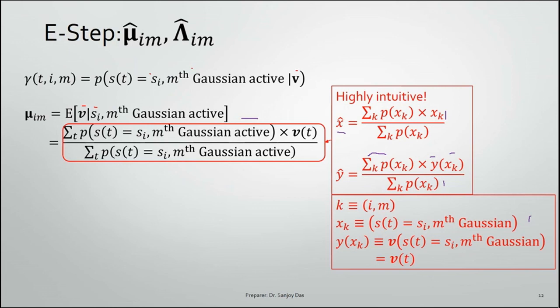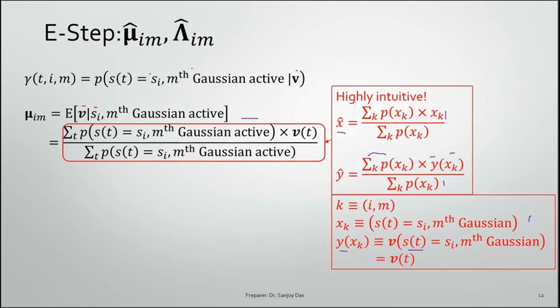Remember, it's a Boolean variable, so it's either true or false. And y of xk, y is a function of xk, so that is analogous to the output vector when St equals Si and the mth Gaussian is active, which is v of t.